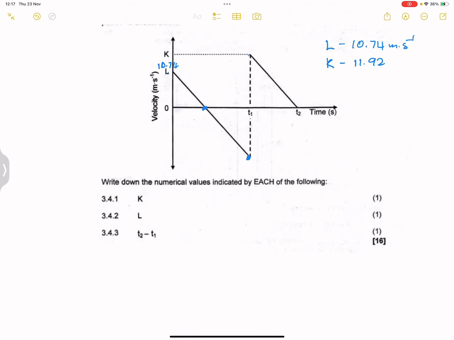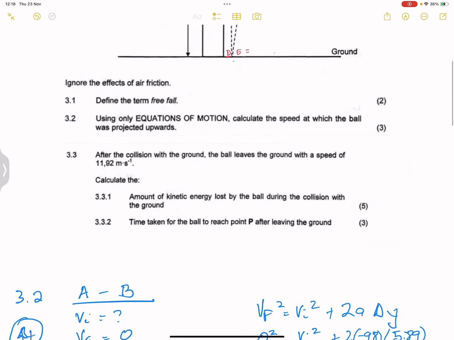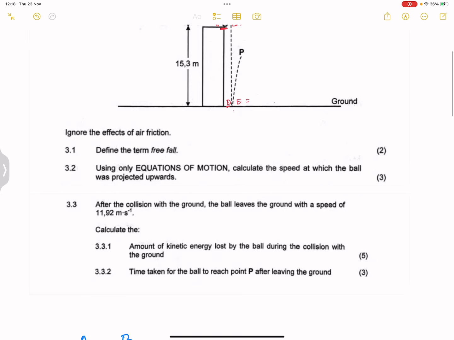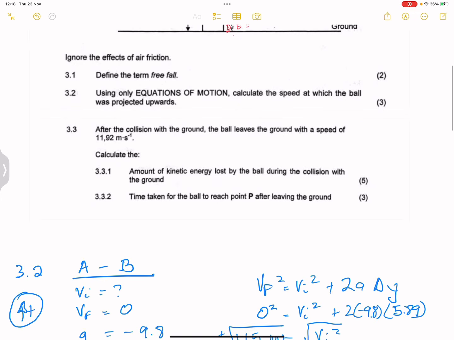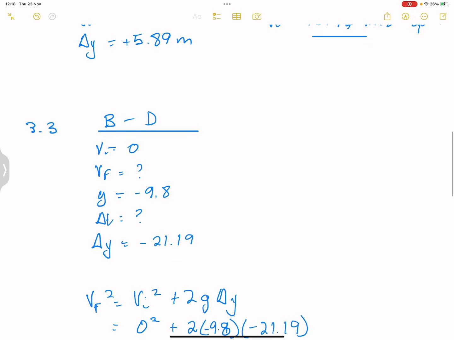However, we know in this case that this is the time from when it left the ground. Oh no, actually I skipped a question. So 3.3.2, they said to us, calculate the time taken for the ball to reach point P after leaving the ground. So yeah, that's why.